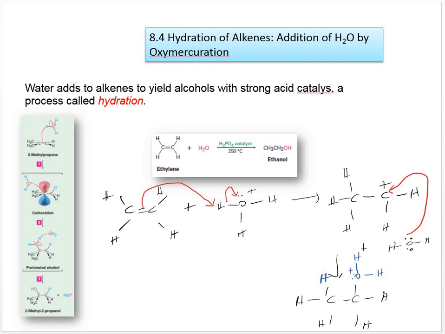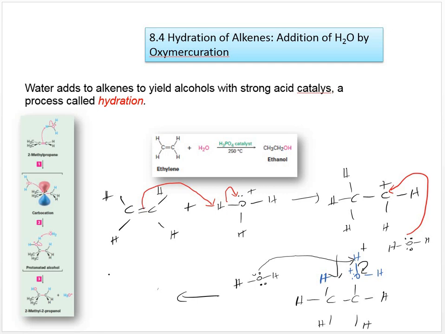In the next step, there is going to be a third step. In the third step, a surrounding water molecule is going to pick up one of the hydrogens from this positively charged oxygen, and we end up with the neutral alcohol. Don't forget, in this type of reaction we generally produce neutral alcohols.